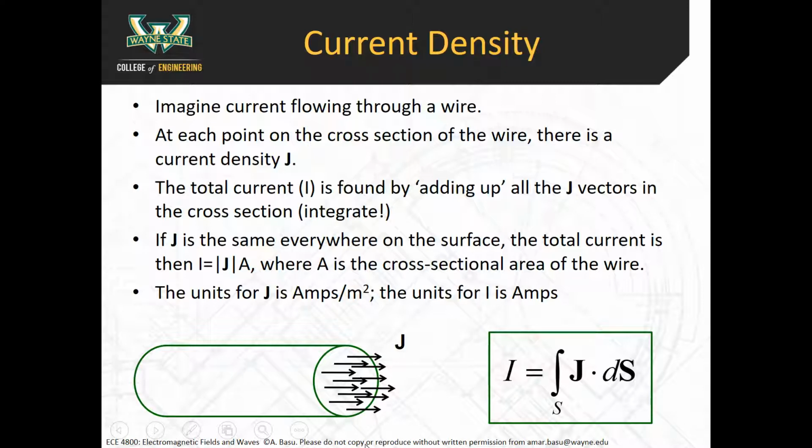Units for J is amps per meter squared, and the units for I is amps. Right? This makes sense because if you think about current density, it's the current per unit area of the cross-section. Multiply that by the area, you get the total current. Any questions on current density?